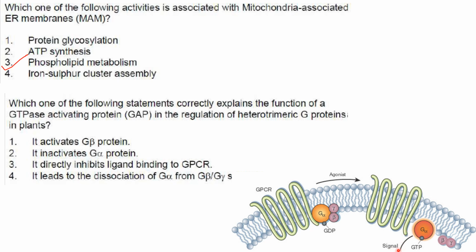various signals, downstream signals. So here, which enzymes are the ones that convert GDP to GTP bound form? So it is GEF, or guanine nucleotide exchange factors. They are proteins that catalyze release of GDP and allow GTP to bind.